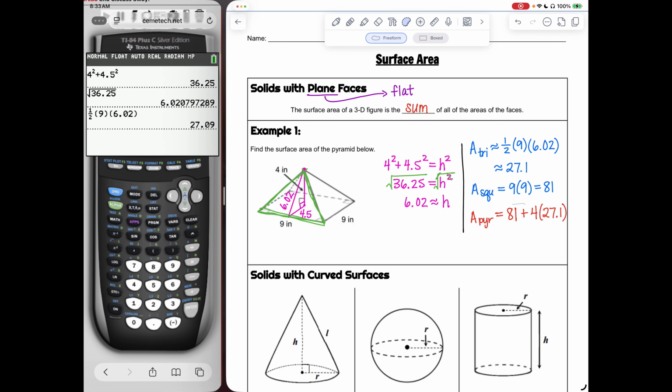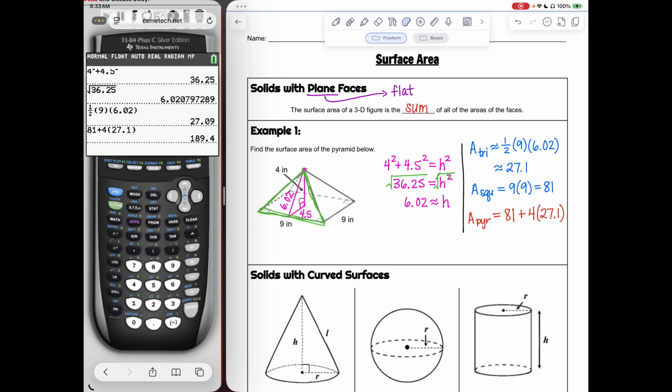Okay, we have 4 of those triangles. So now I put in 81 plus 4 times 27.1, and we end up getting in 3 significant figures 189. And of course, we have to put our units, and we're talking about area. So this is going to be inches squared. All right, so that is our surface area of that pyramid.